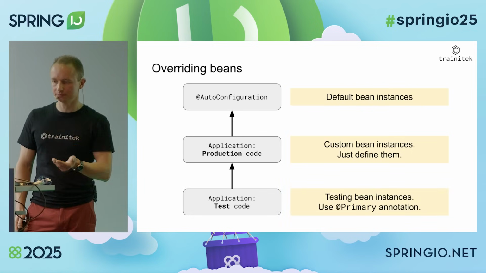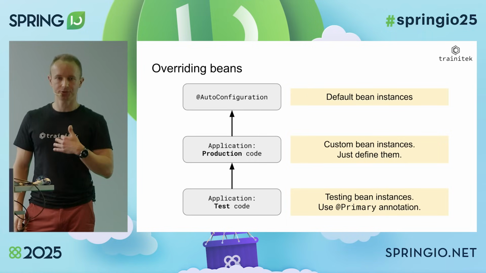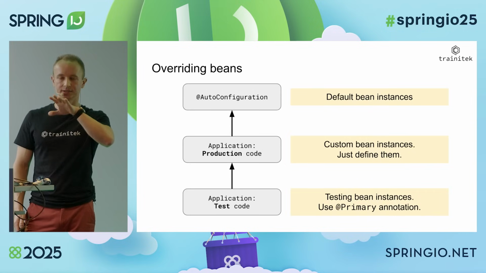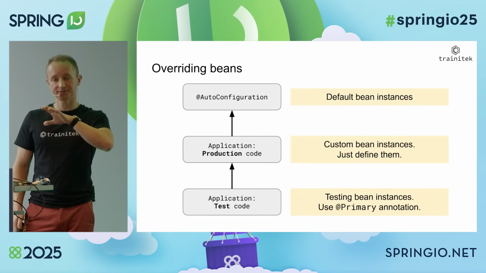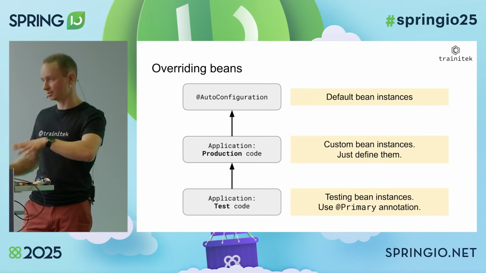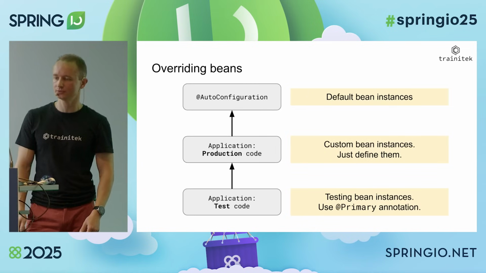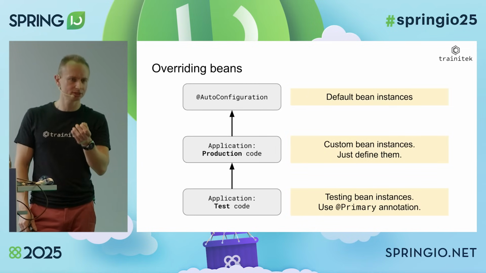Here you can create the same instances by using the primary annotation. This is what we used for 3 years, and it worked fine. I will show you one more flavor that you can use with the newest version of Spring. But this is the concept.